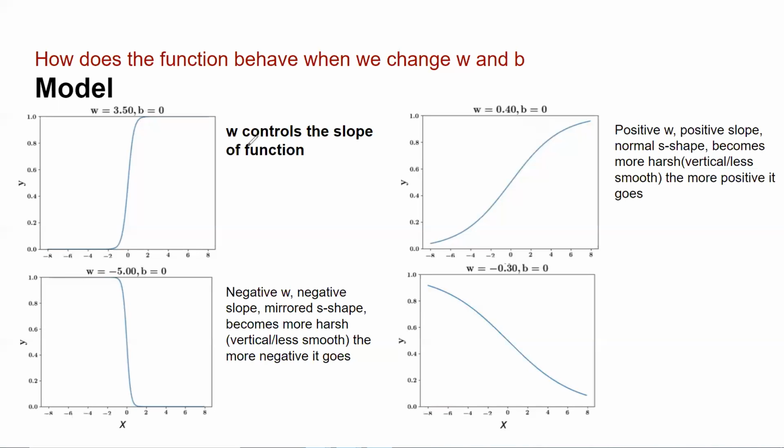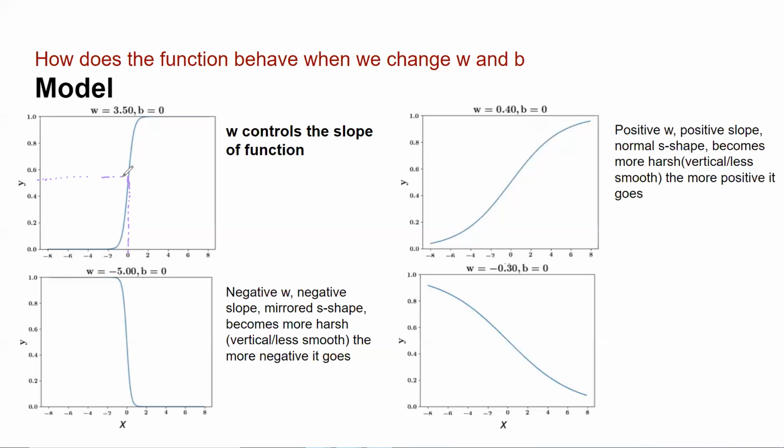So with respect to one input feature, I'm having one value of W. When my B is 0, you'll see that it will pass through the origin, through x equal to 0. And you'll see that my y will be intersecting at somewhat around 0.5.